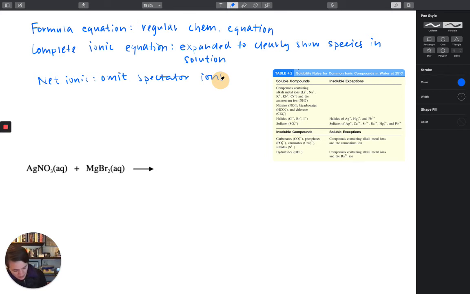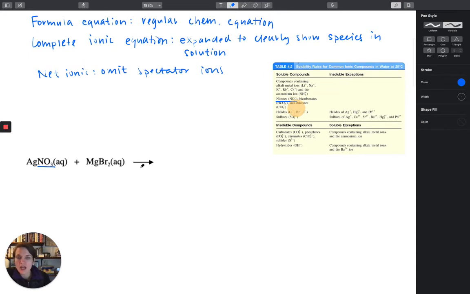Okay, so we have AgNO3. Nitrate, we know, is always going to be soluble. So that is not forming a solid, right? Soluble does not form a solid. Magnesium bromide. Bromide is a halogen. Halides of magnesium are not an insoluble exception.